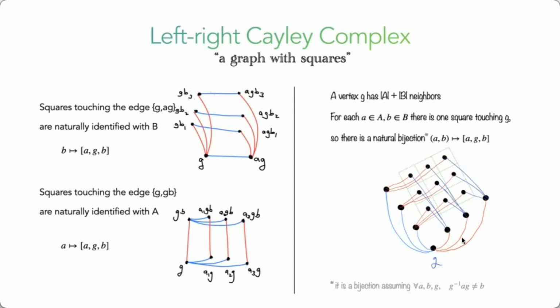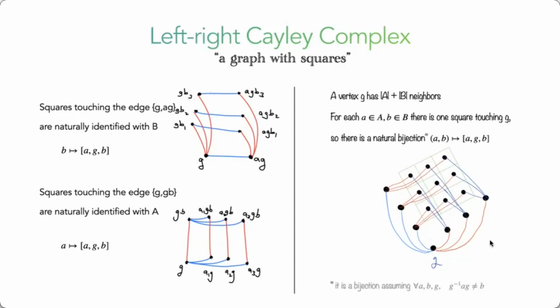Now, for every choice of neighbor from here and neighbor from here, there's going to be a square closing this choice. So for every choice of A from here and B from here, there's going to be one square. This edge is like a spine, and these are the pages along this spine. And this edge is like a spine, and these are the edges along this spine.